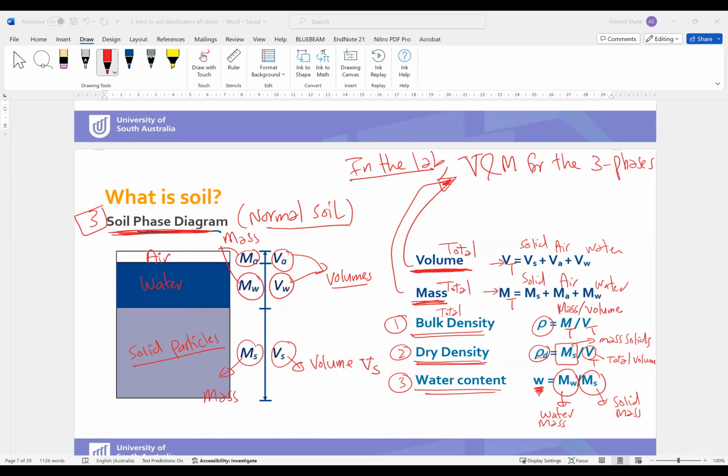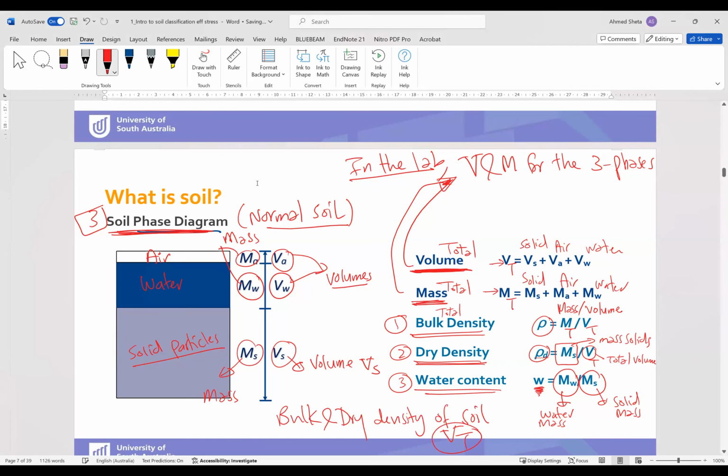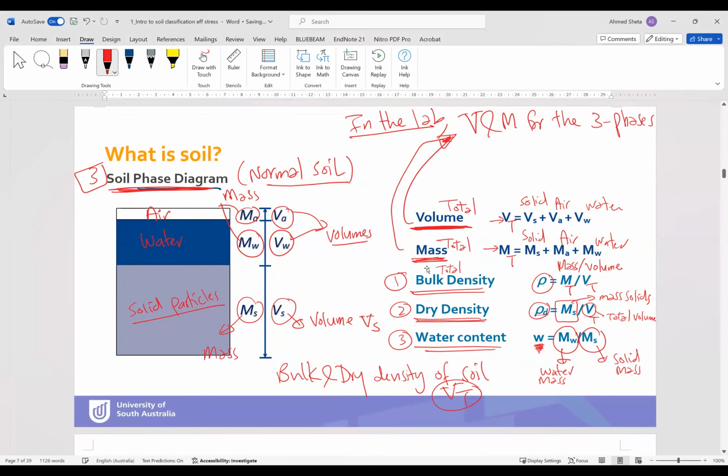Okay? Because we are calculating bulk and dry density of soil, the volume will be V total, the total volume of the soil. Okay, thank you.